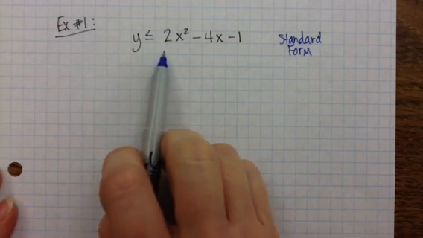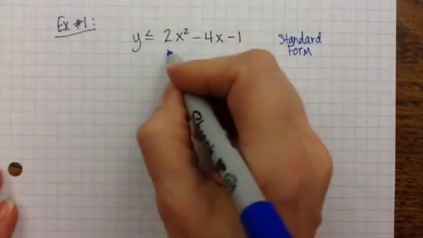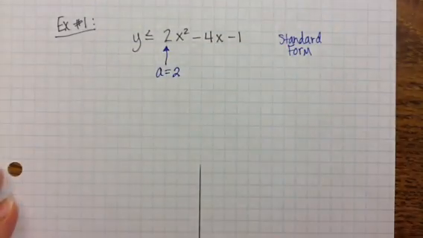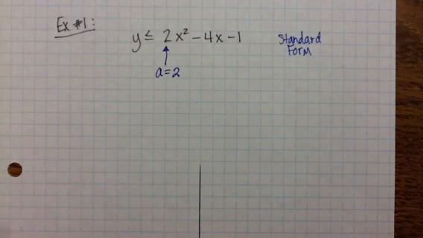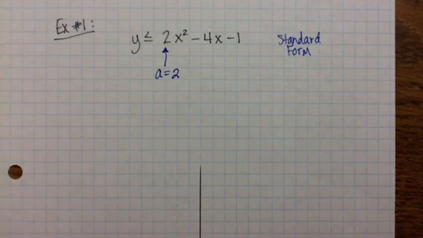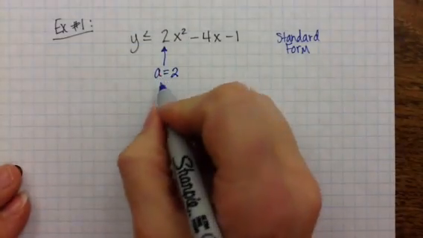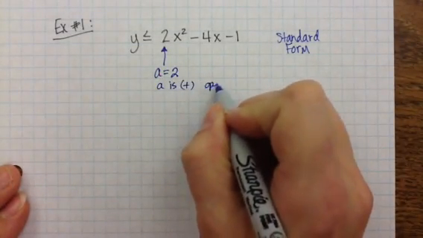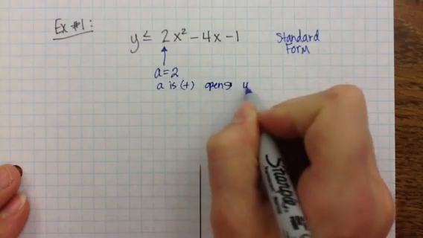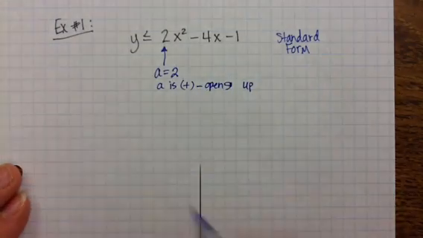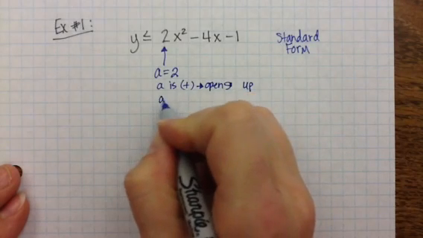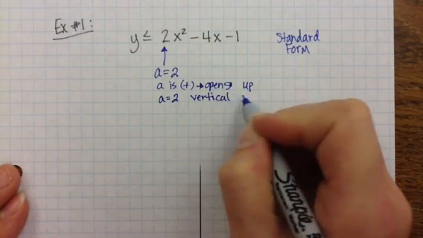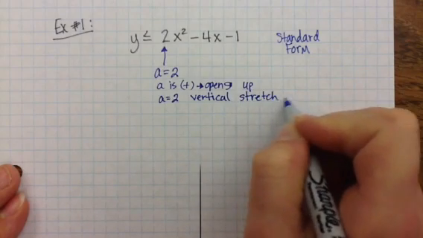And we can tell by looking at this parabola in standard form that the a value is 2. Now that is really important because it tells us a couple of different pieces of information. Because a is positive, that tells me that the parabola opens up. And since a is 2, that tells me there's a vertical stretch of 2.